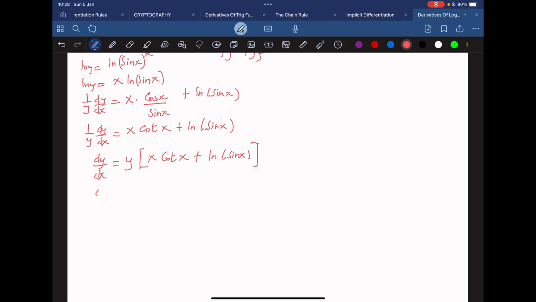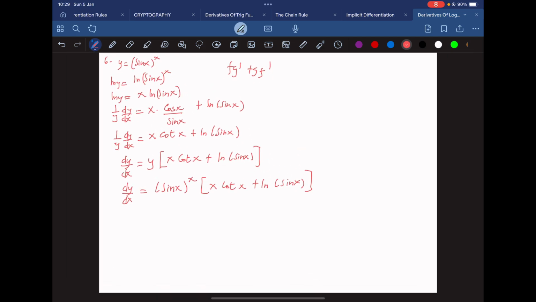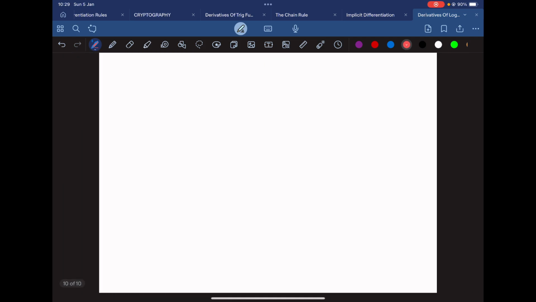Okay, so our dy/dx is, now y was giving us sine of x to the exponent of x, then we have x cotangent of x plus ln of sine x, and this will be your answer. So I hope this explains how to use the log differentiation. Now let's look at the next set of questions.